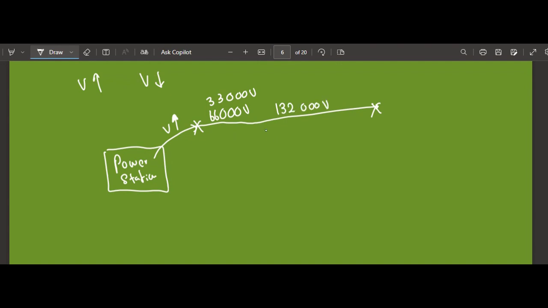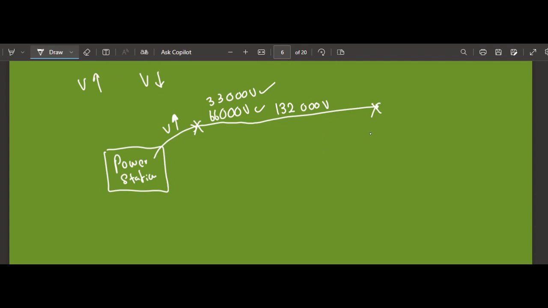I heard that in different countries they use even double of this value, 264,000 volts. In Sri Lanka we mostly see 33,000 and 66,000 before transferring to distant towns. That depends on how far it is sent, so the voltage will be increased.